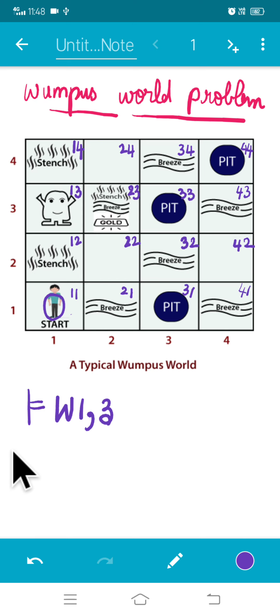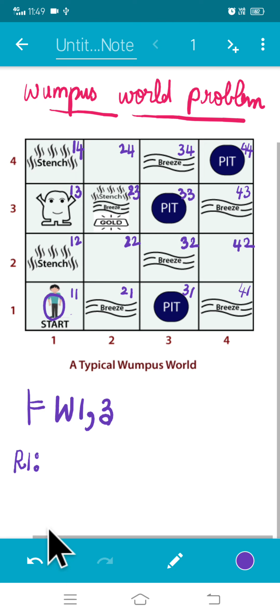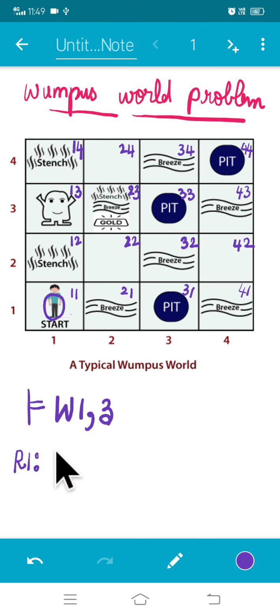So we can infer the rules from the current scenario of the Wumpus problem. For example, I will frame R1. R1 indicates that there is no stench. Since the agent is present here, he cannot sense any stench smell or breeze. So we can write the equation as negation of S11, which means there is no stench smell in cell 1 comma 1.